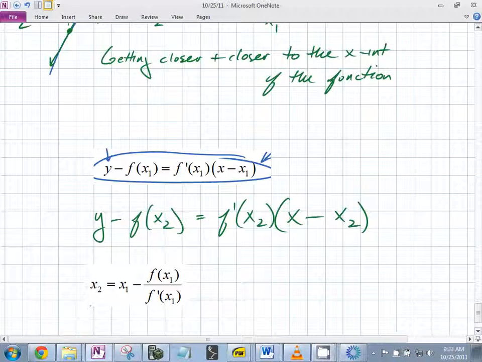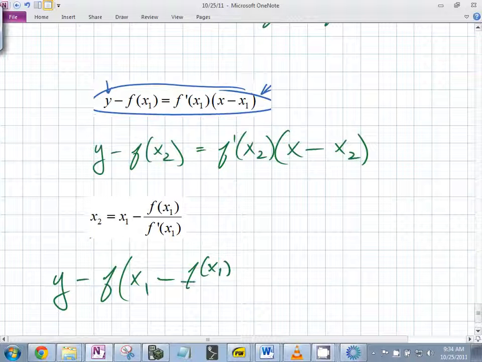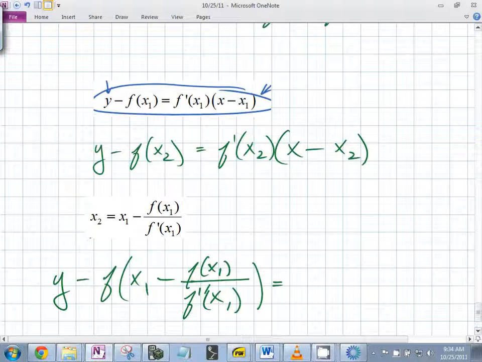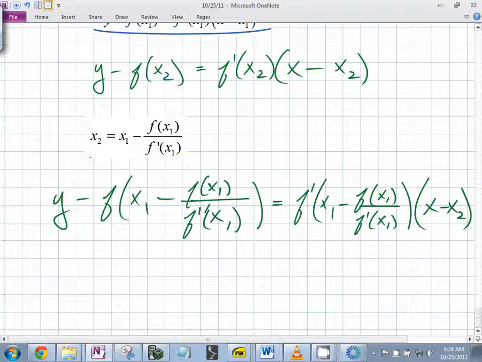So what do we end up with? y minus f of x1 minus f of x1 all over f prime of x1 equals f prime of this thing: x1 minus f of x1 all over f prime of x1, times x minus what? Sorry, did I plug in the wrong thing right there?